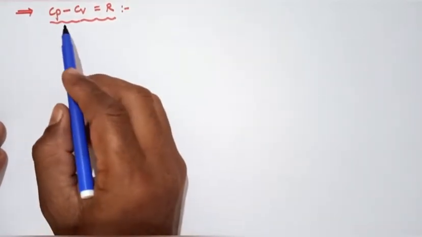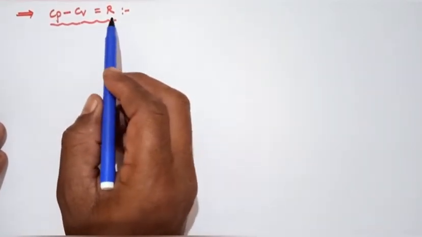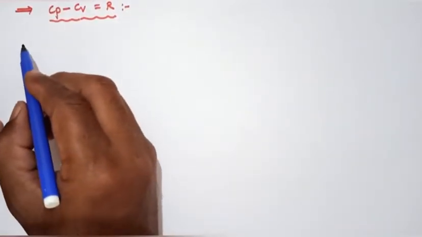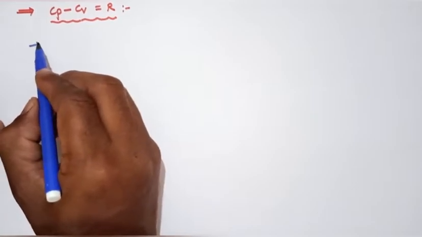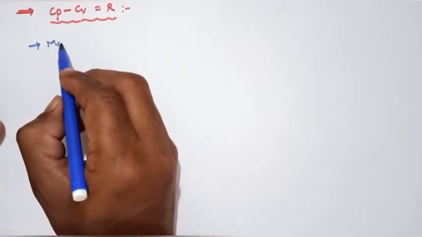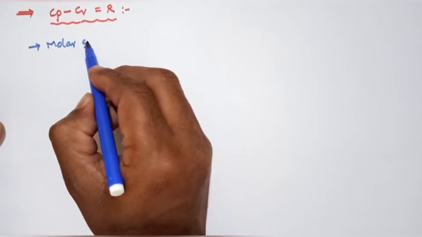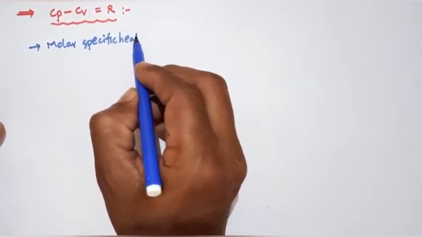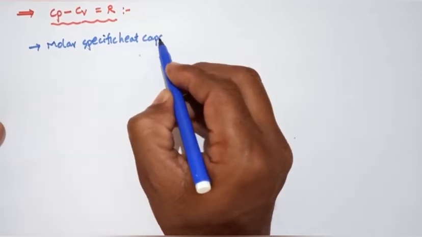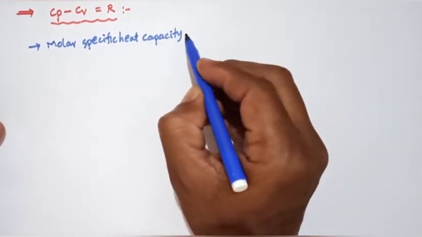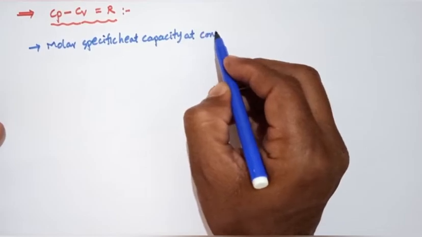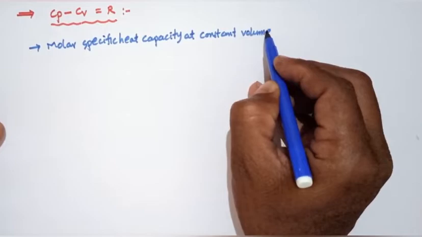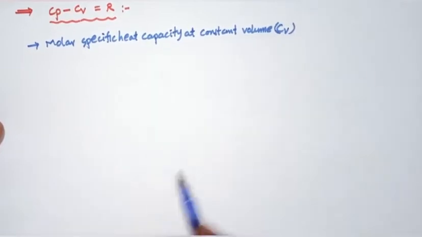We will derive this equation, Cp minus Cv equals R. First, we know that the molar specific heat capacity at constant volume is denoted as Cv.